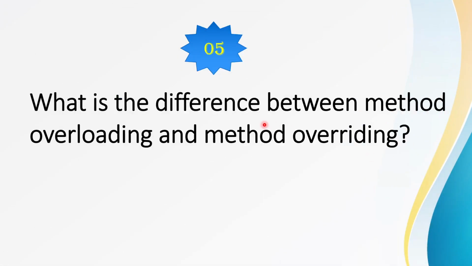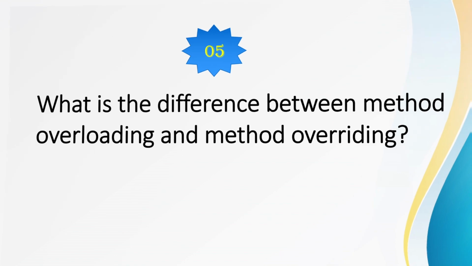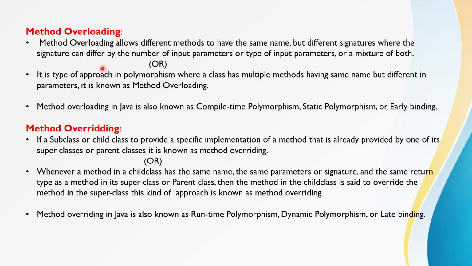What is the difference between method overloading and method overriding? This is also an important question from the polymorphism concept. Method overloading allows different methods to have the same name but different signatures, where the signature can differ by number of input parameters, type of input parameters, or a mix of both.